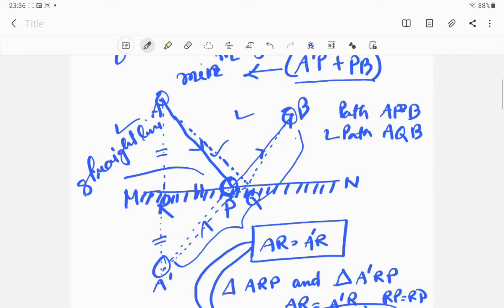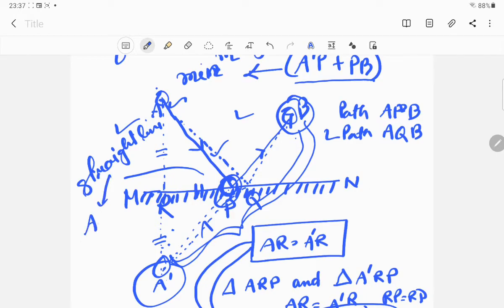Thus the point A, the point A dash, the point P and the point B will definitely lie in the same plane. If all the points are on a straight line, they are in the same plane. And this is a normal drawn on the same plane. So A dash, P, B all lie in the same plane.